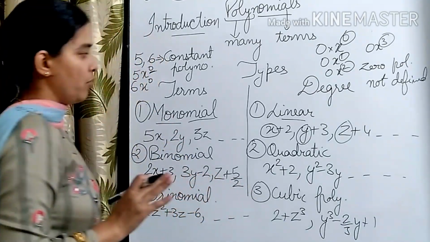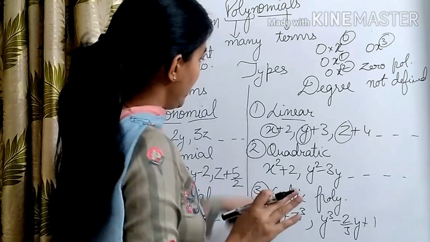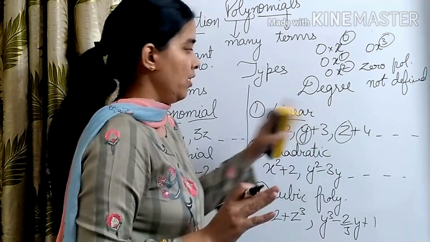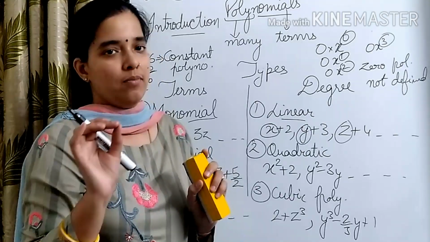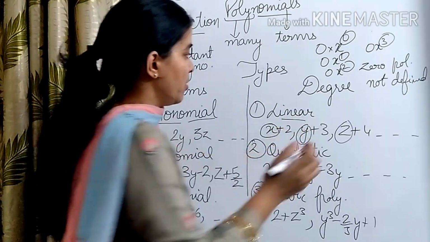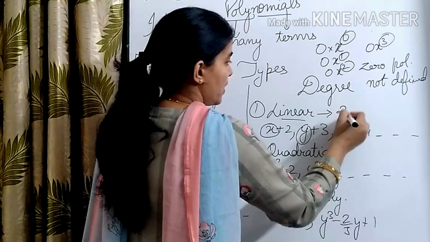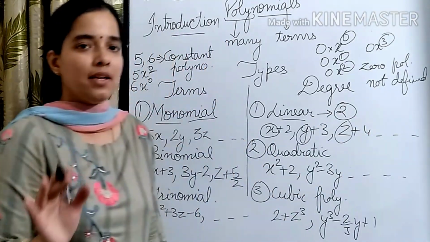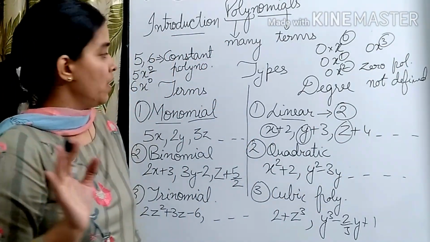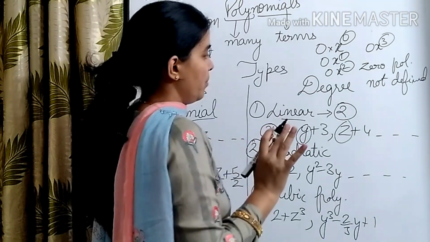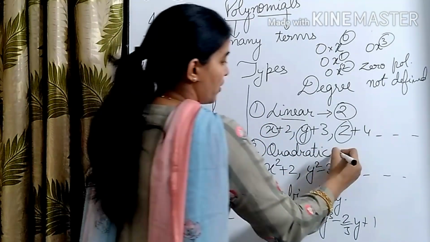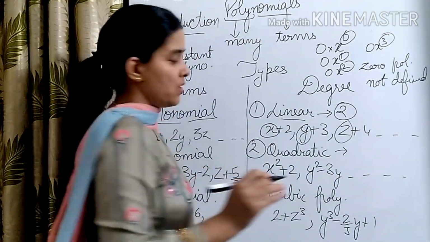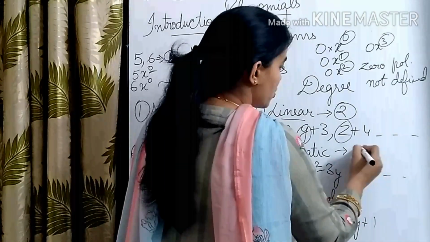Then one more thing I want to say, that whenever there is a linear polynomial, always remember it can have at most 2 terms. Linear polynomial में at most 2 terms होंगी, इससे ज़्यादा terms possible ही नहीं है. In the case of a quadratic polynomial, there are always at most 3.